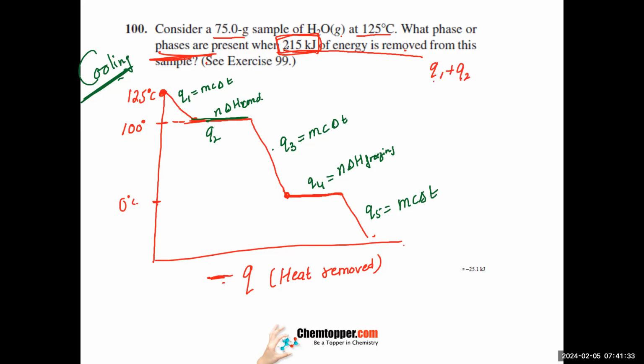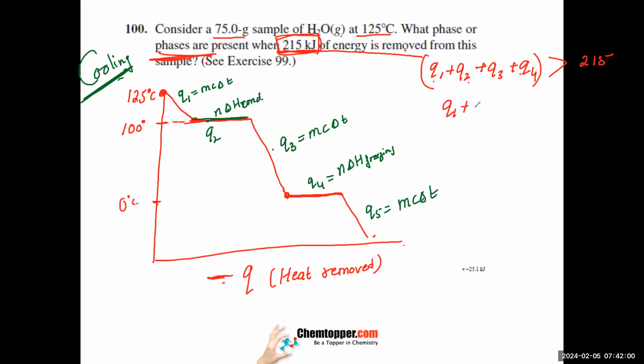Check, is it less than 215? If it is less, then add Q3. Is it less than 215? If yes, then add Q4. And after adding Q4, if this answer is greater than 215, then you stop.